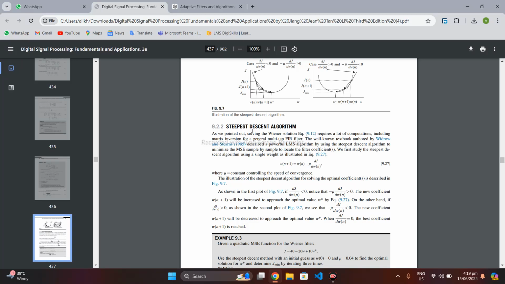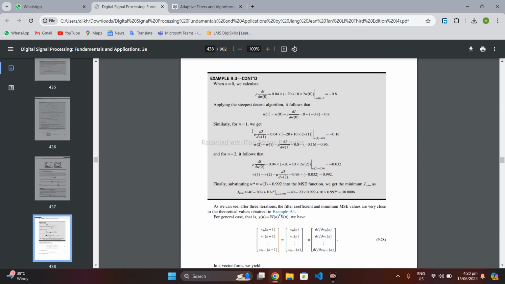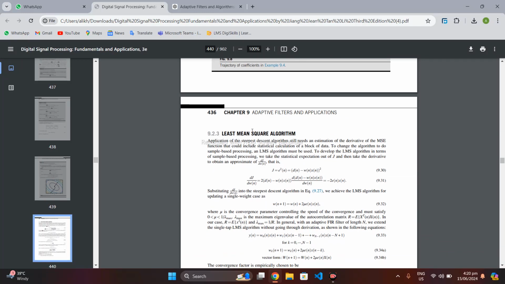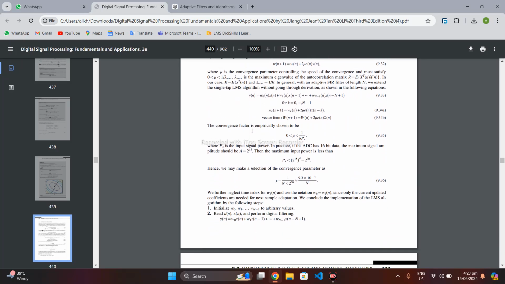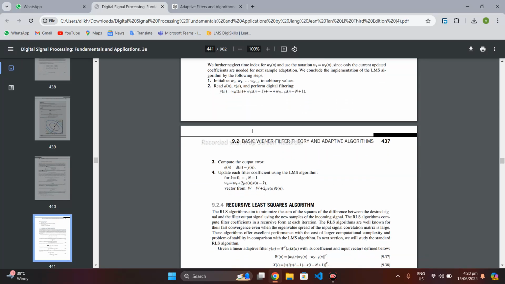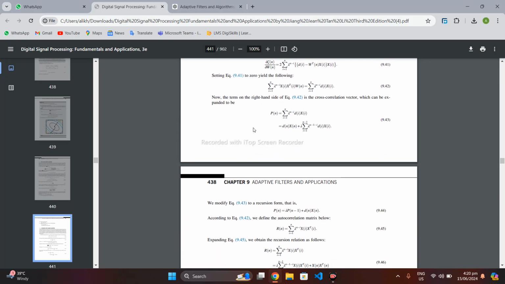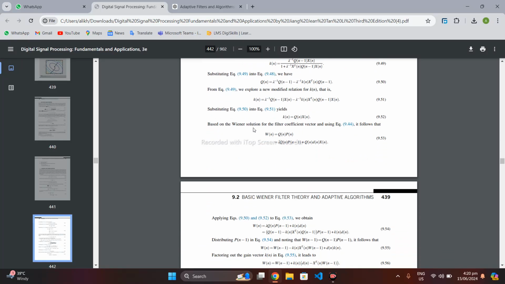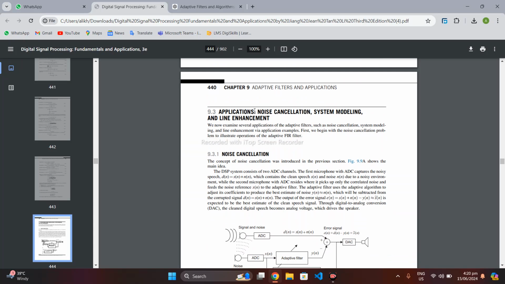This is also an algorithm we have discussed earlier, and this is the least mean square algorithm. This is also discussed earlier, and the recursive least square algorithm. This is also discussed earlier, and here are applications of the adaptive filters, which are noise cancellation, system modeling, and line enhancement.